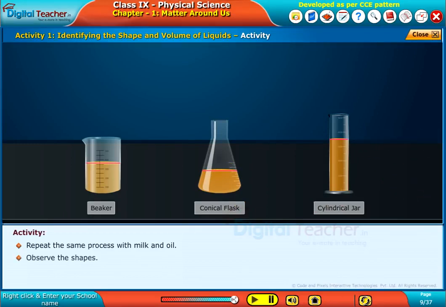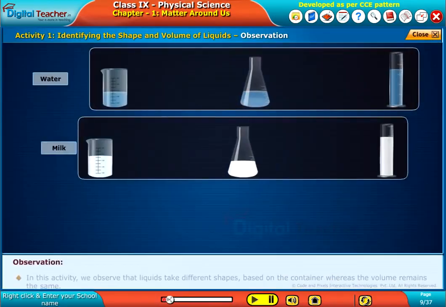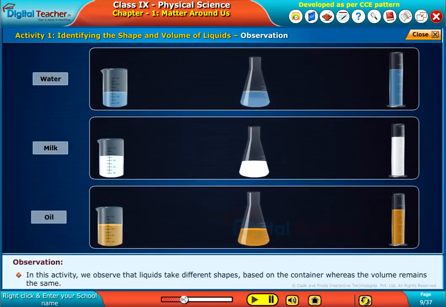Observe the shapes. In this activity, we observe that liquids take different shapes based on the container, whereas the volume remains the same.